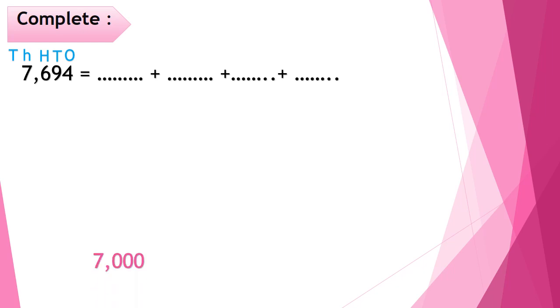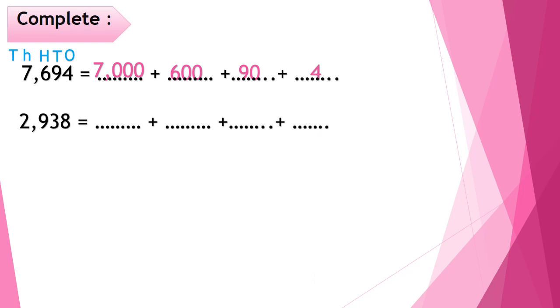How many zeros will I put? 3 zeros because it's in the thousands place. 6 here is in the hundreds place, so I will put 2 zeros, so its value will be 600. 9 here is in the tens place, I will put 1 zero, so its value will be 90. And 4 here in ones, its value will be 4 as it is.